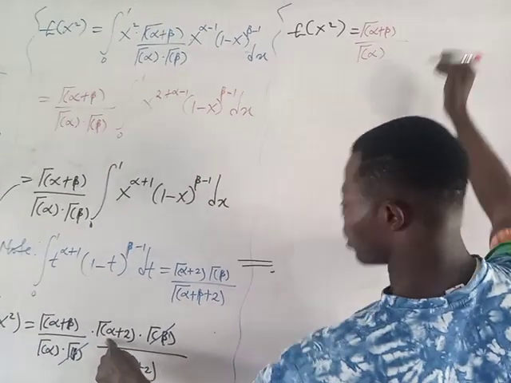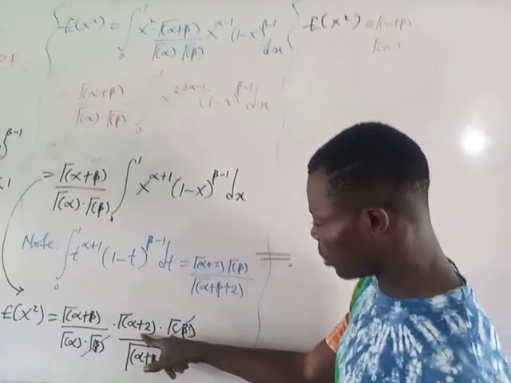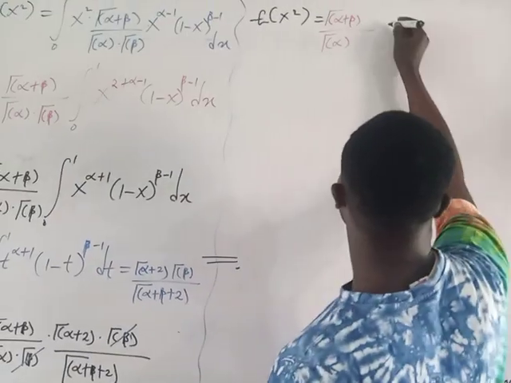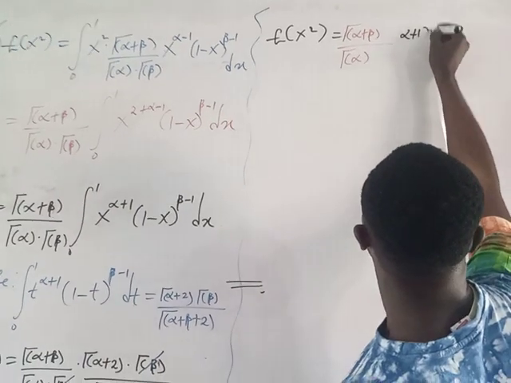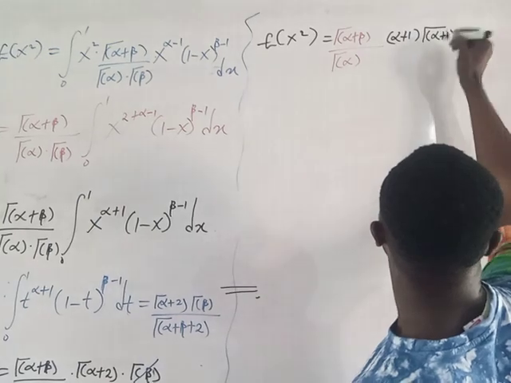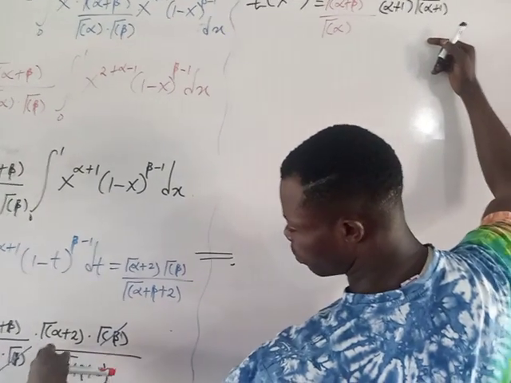Then this, if we subtract one from this, it will be alpha plus 1. Then we repeat this again into gamma alpha plus 1. That is, we subtract 1 from here to be alpha plus 1.